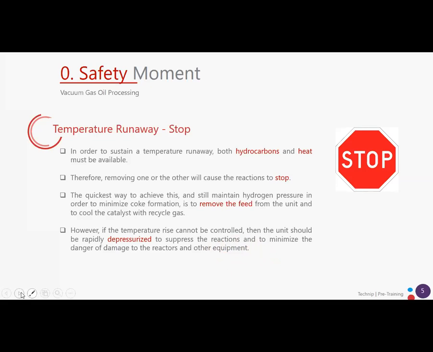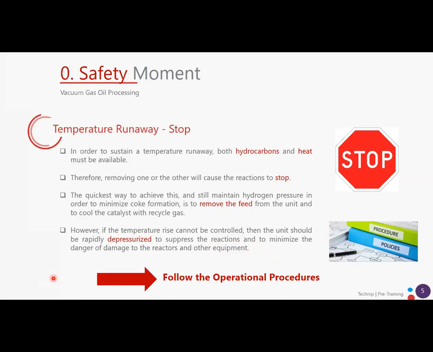So it is important to always follow the operational procedure and to know the causes of these temperature runaways in these kinds of reactions that we have seen mainly in the hydrotreating, and that we will see today in the online session. That is the hydrotreating of the VGO, the vacuum gas oil.